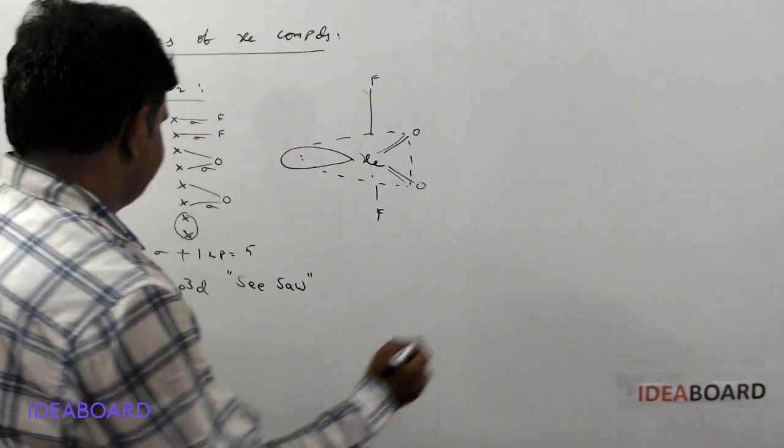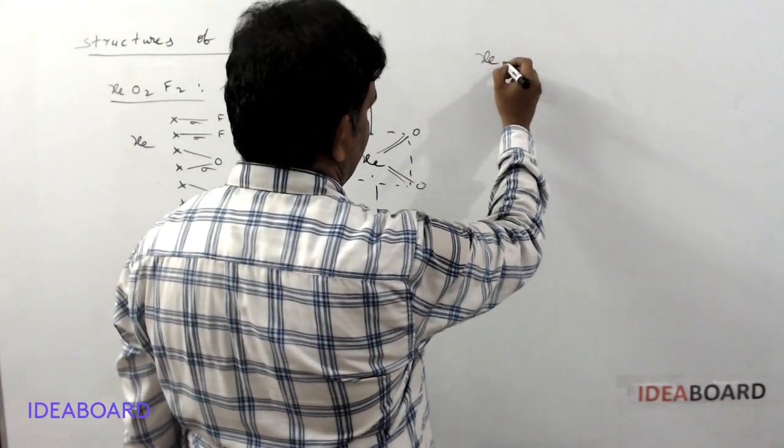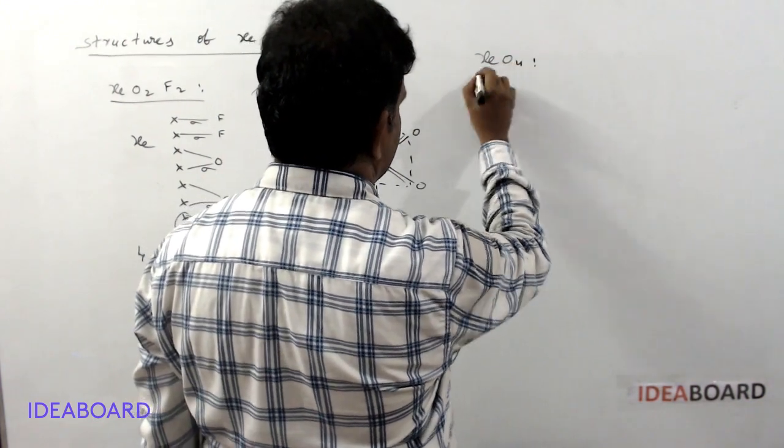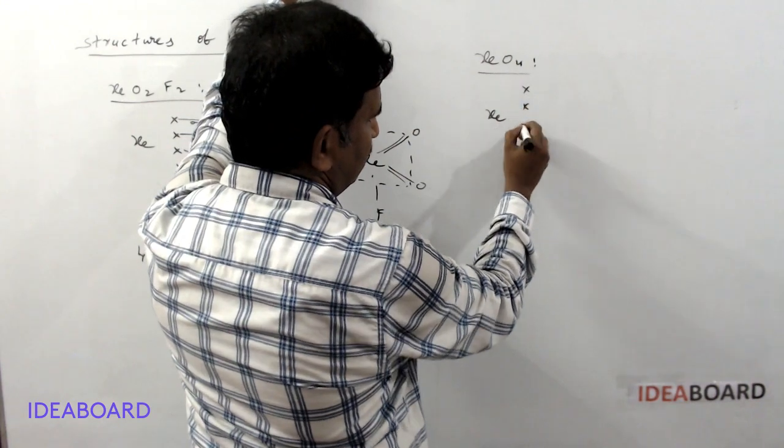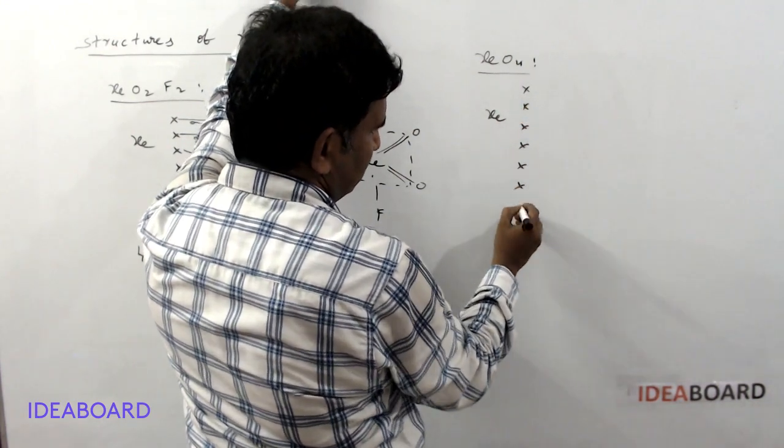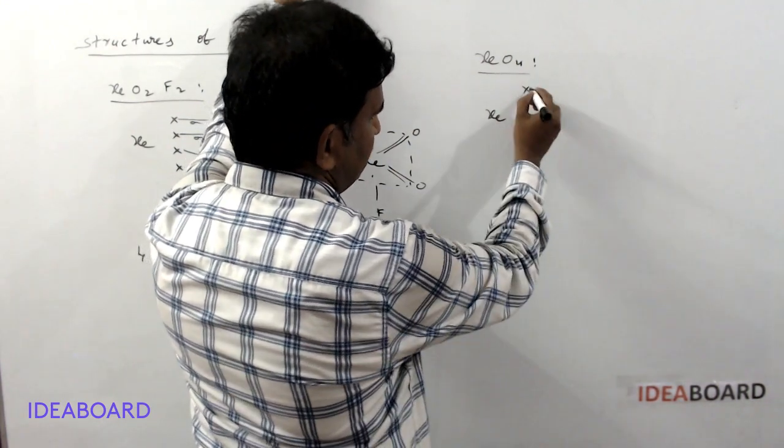The last one, XeO4. Here XeO4 means xenon tetroxide. 1, 2, 3, 4, 5, 6, 7, 8.